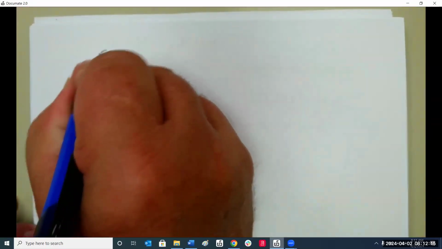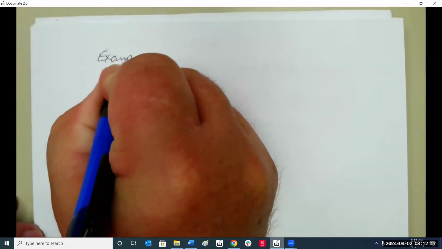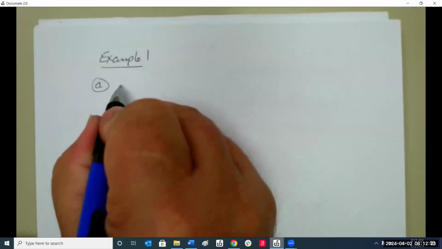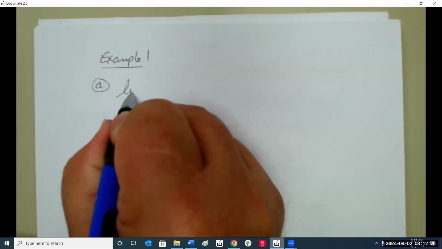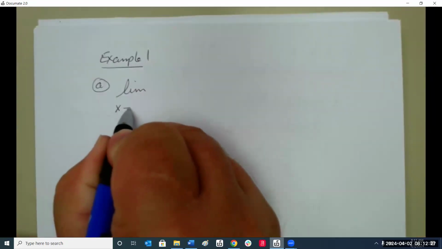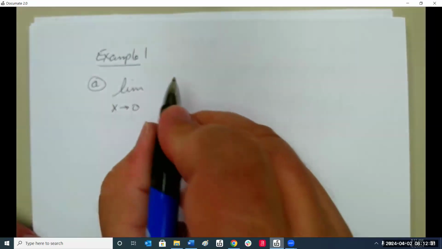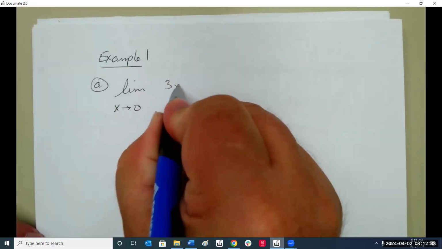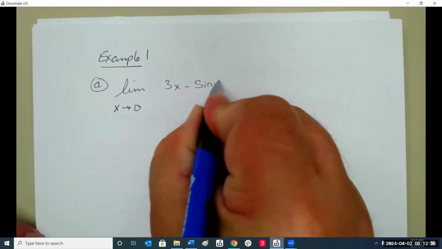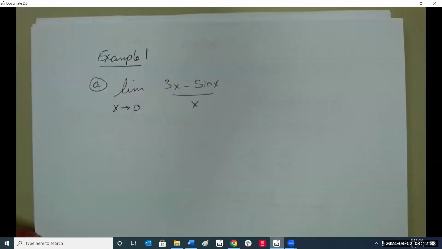So let's look at example 1 in our sheet. A. The limit as x approaches 0, we just did that one actually, of 3x minus sine x over x.